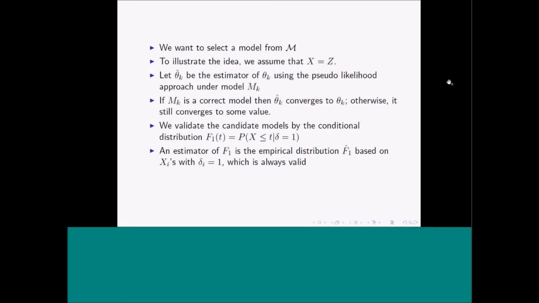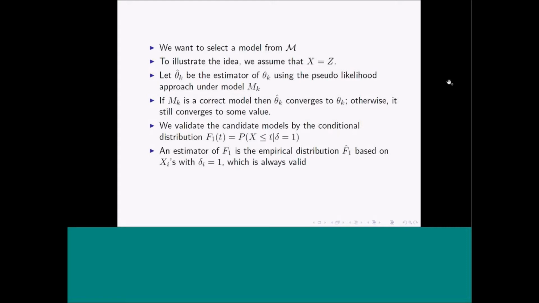Then, once we assume one variable is the instrument, we can have the pseudo likelihood and get a better estimate of the joint distribution.